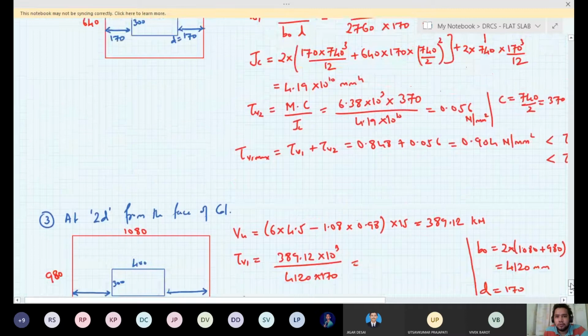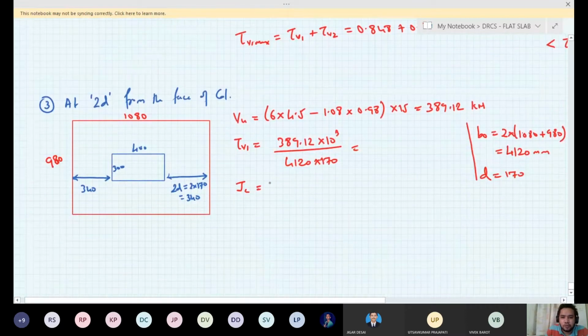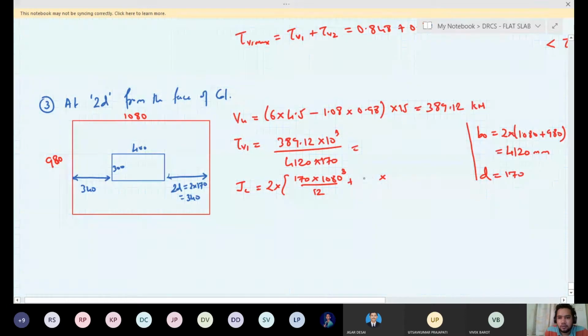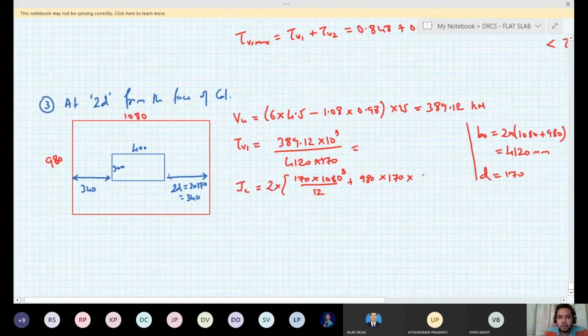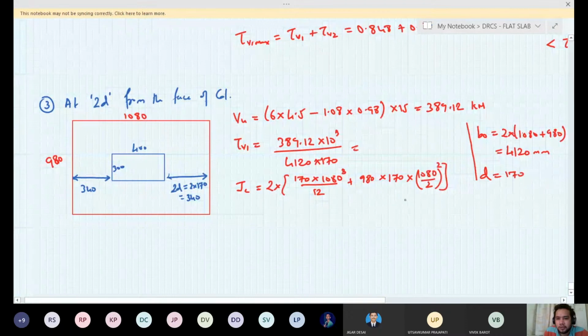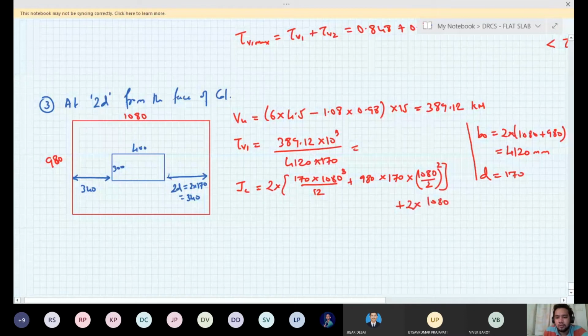So it will be 2 into 170 into 1080 cube by 12 plus 1080 into 980 into 170 into 1080 by 2 whole square, plus 2 into 1080 times 170 cube by 12.